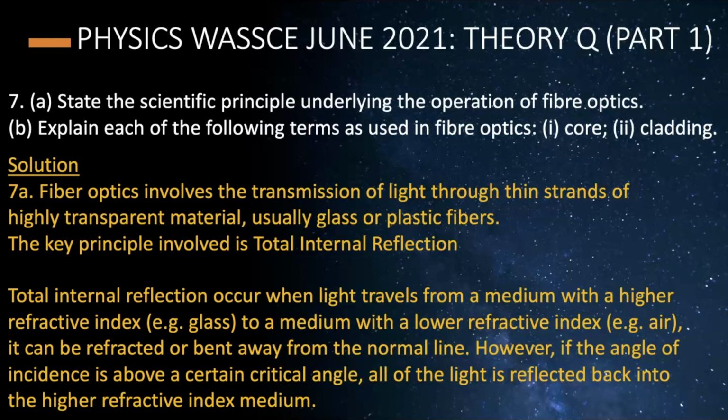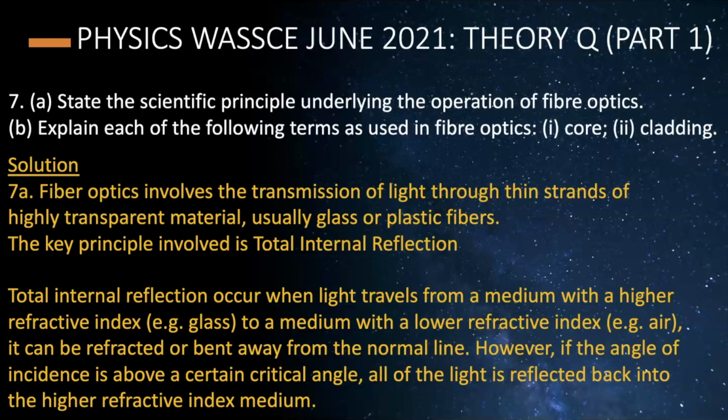So if you remember how you represent reflection and refraction of rays in your ray diagram, you normally would have this line drawn. You have the normal line that is at 90 degrees to the surface, and then your reflection can happen on either side, as well as your refraction.